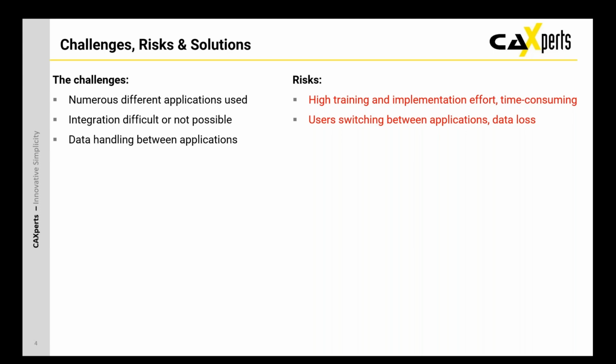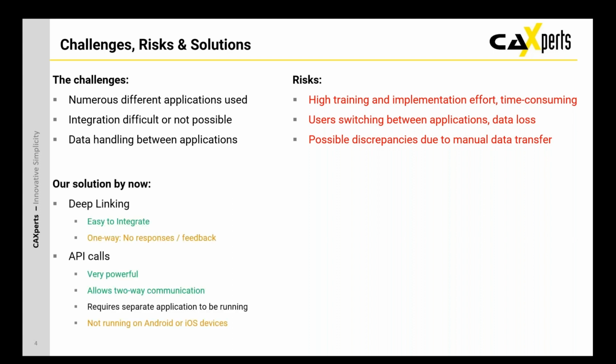So this might be copy paste, this might be exporting and importing, but at every single step here, we run into the risk of data loss. And especially this data handling between applications is most of the time a very difficult task. So we have possible discrepancies due to manual transfer of data in whichever form, like I mentioned before.